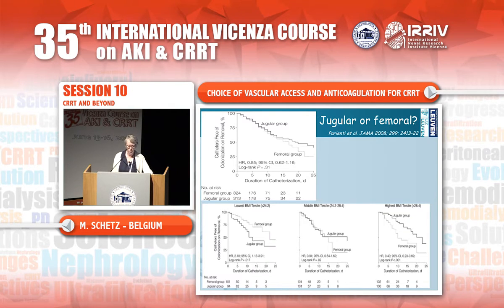So with regard to infection, there's no difference. Only this interesting subgroup analysis showing that in obese patients, the infection risk is higher for the femoral, which is not that surprising. The reverse was seen in the patients with low BMI, which is more difficult to explain.